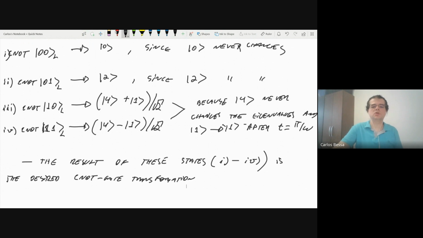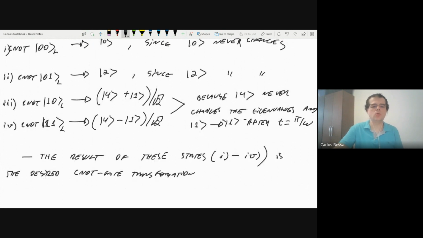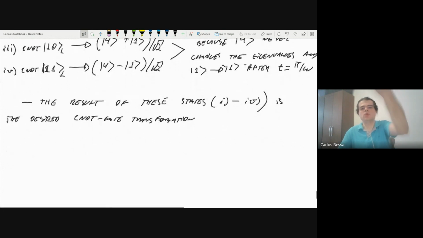And what is doing the whole of the CNOT gate is the time evolution. This is the time evolving. Okay, so this is the idea.